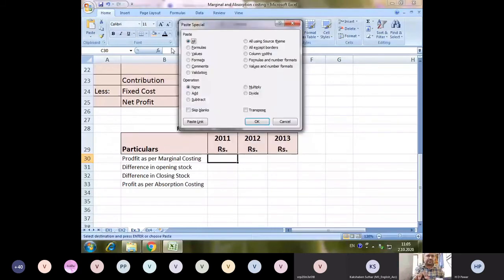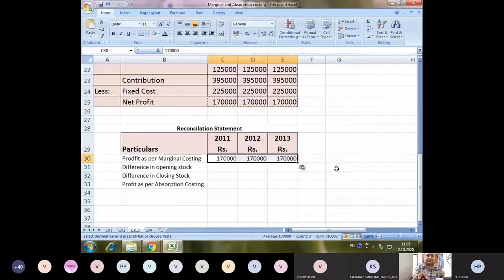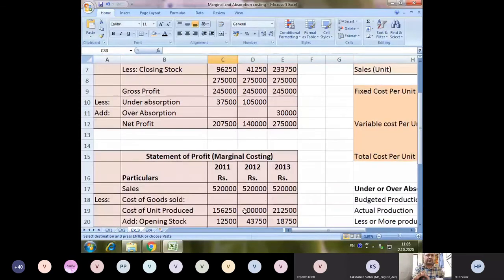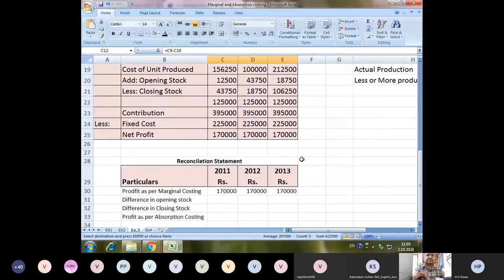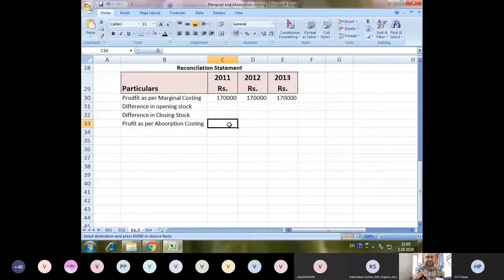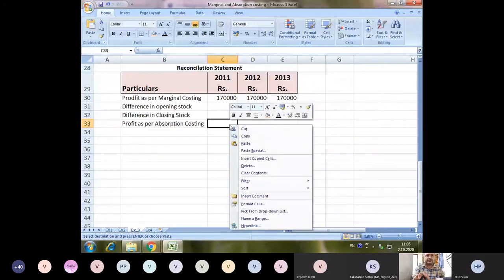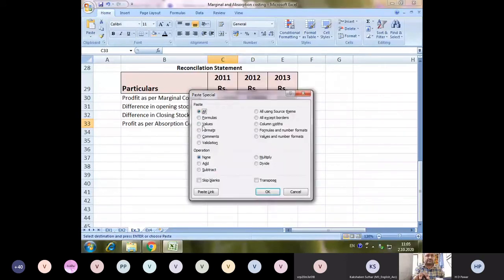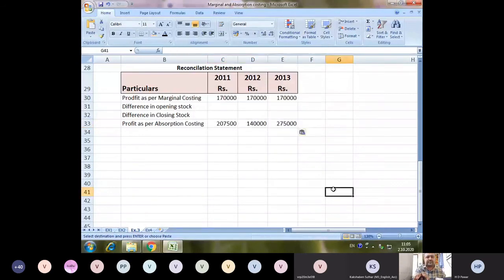And profit as per absorption costing is this.